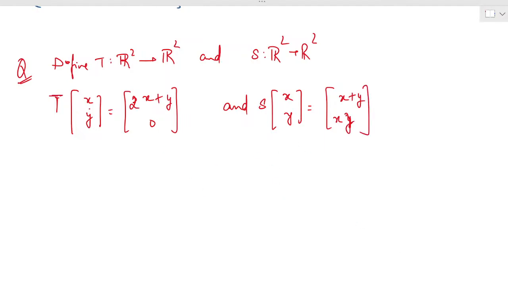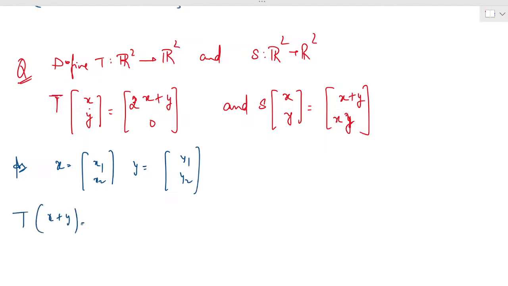Now let us see whether T and S are linear transformations or not. To check this, I'm going to take x as (x1, x2), and y as (y1, y2), and test it for T(x plus y), which is simply T of (x1 plus y1, x2 plus y2).